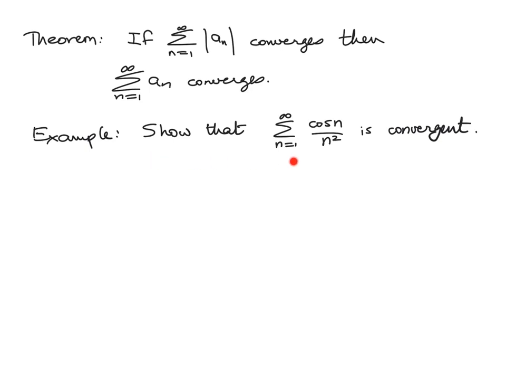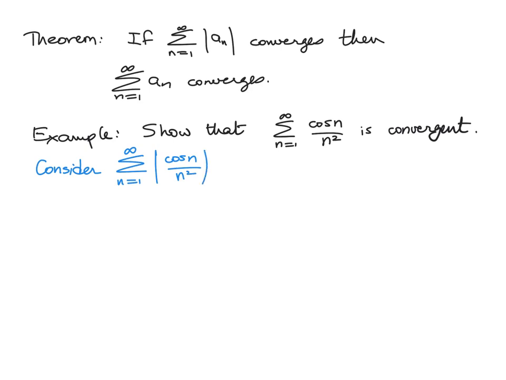But here's an example. I want to show that this series, sigma as n goes from 1 to infinity of cosine n over n squared, is convergent. Here's what we're going to do. We're going to consider sigma n equals 1 to infinity of the absolute value of cosine n over n squared.